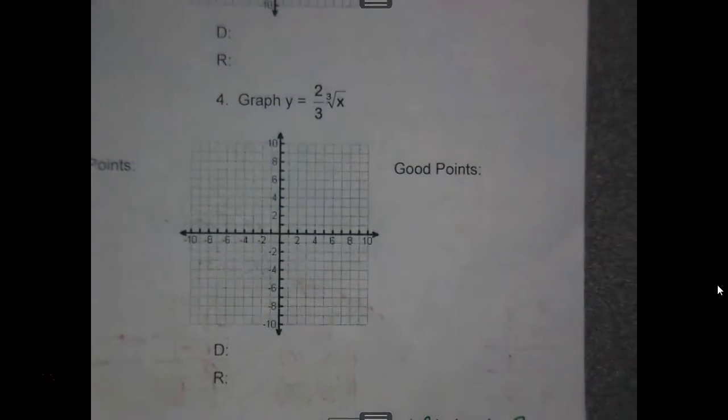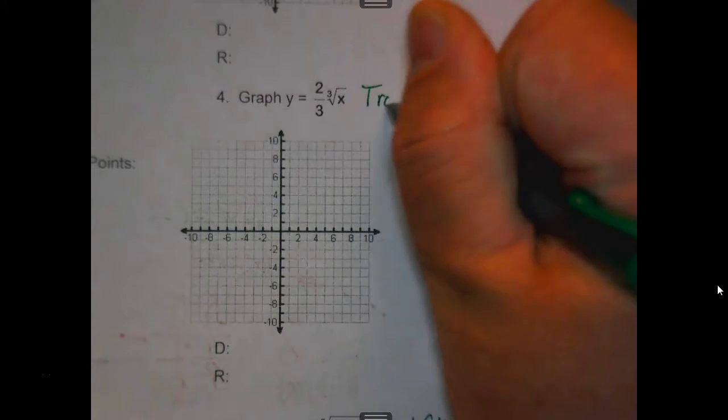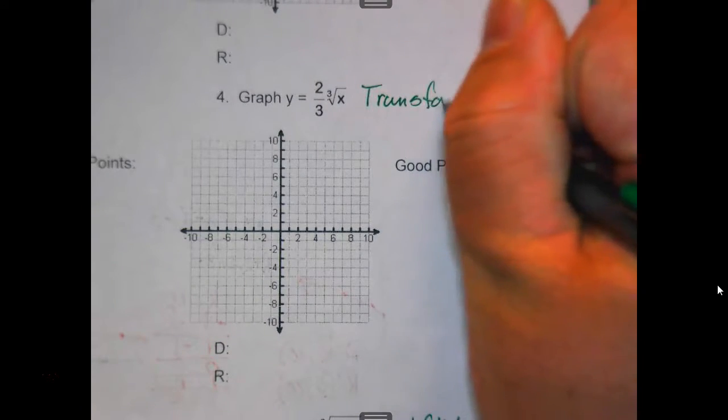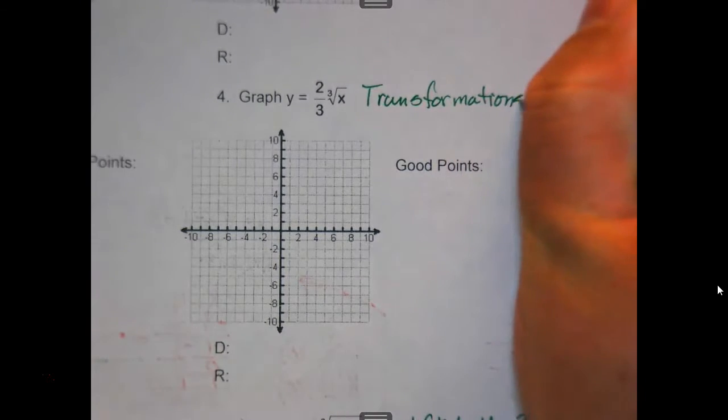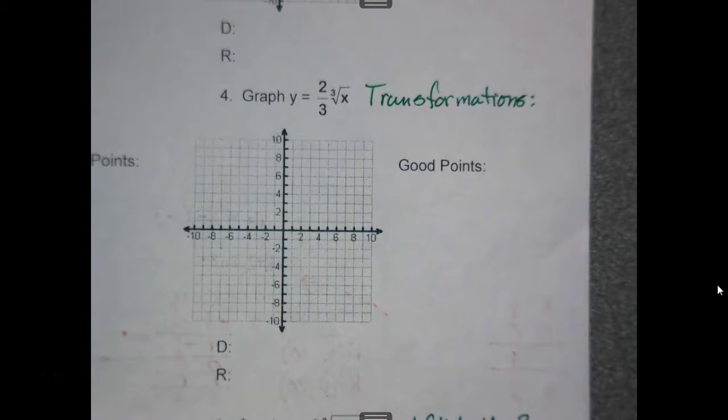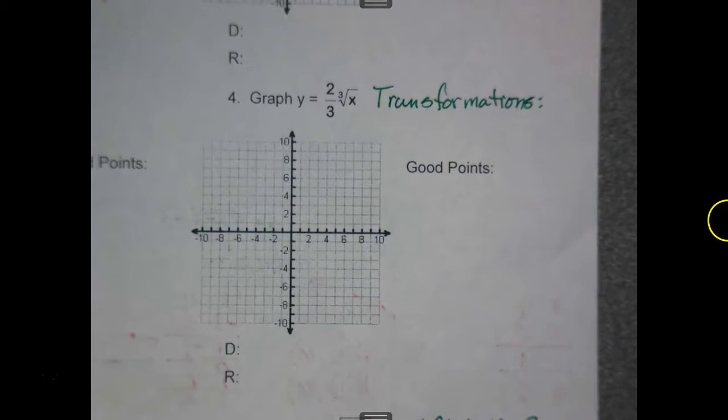Okay, number 4. What's my transformation here? What does it do? What does the 2/3 do? The slope 2/3 do?